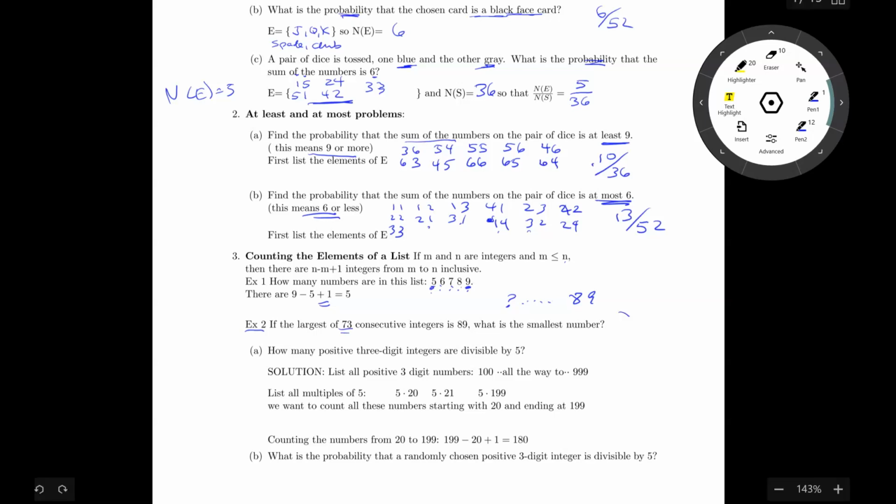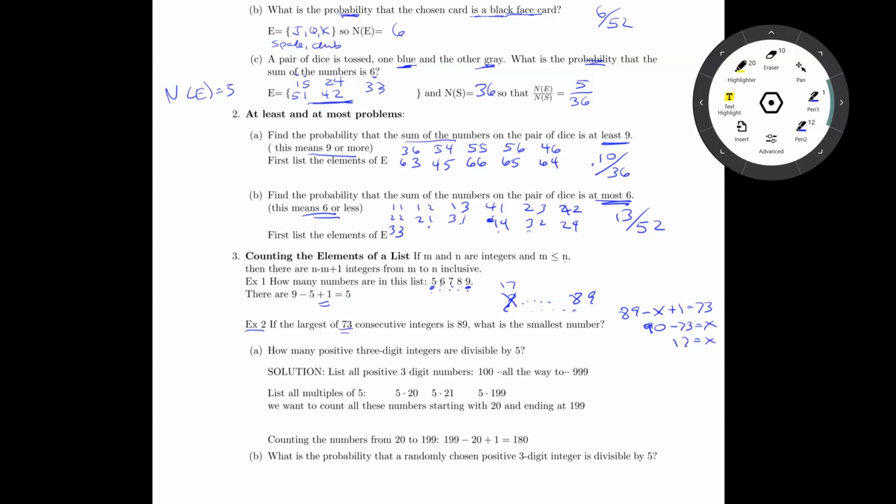So this would be 89, subtract, I'll just label this as x, minus x plus 1, that's 73, right? So then you can say 90 here, and then subtract off 73, that's the beginning point. So 17 is where it started, right? So 17 to 89 gives me 73 integers. So there's just going to be a reason for you to know how many are in a list.